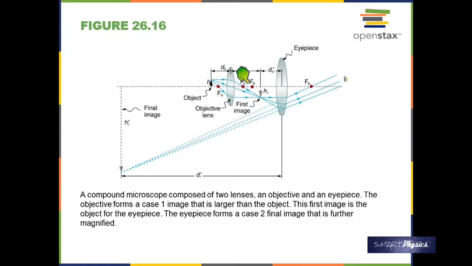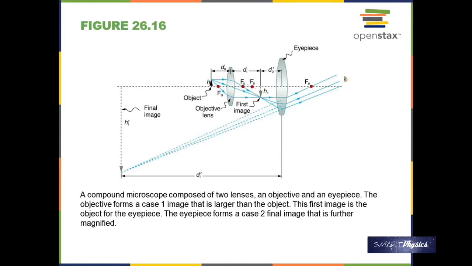Now, you also notice the focus of the eyepiece. Do you see that? The focus of the eyepiece. This image has to fall inside the focus of the eyepiece. So the image formed by the objective has to fall inside the focus of the eyepiece.